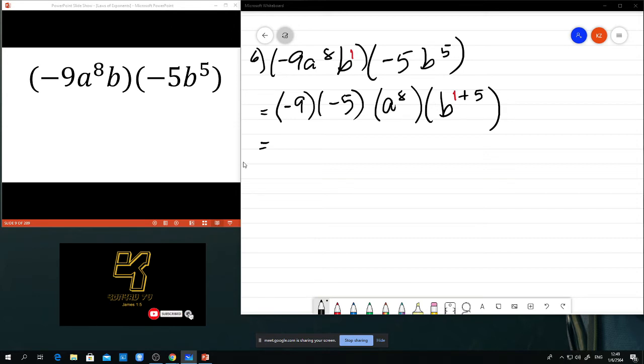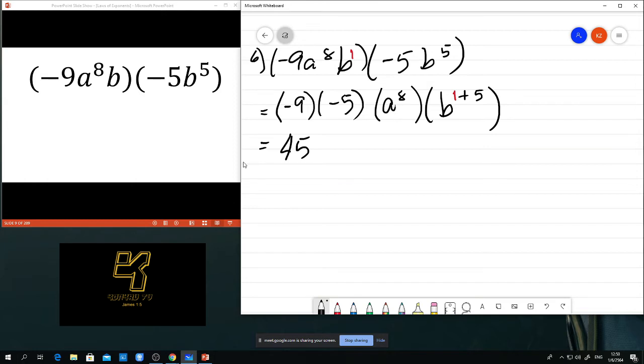Yes. Okay. Is it positive or negative? It is positive, because when we multiply negative and negative, it is positive. So 45. What's next?